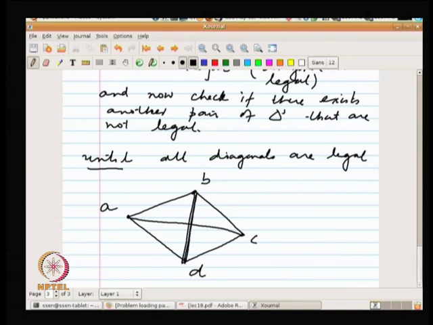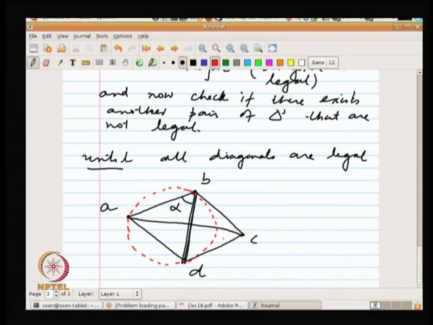Right. Now, consider this angle alpha. So, this is a legal edge. You draw the circumcircle. C should be outside of the circumcircle. Right.